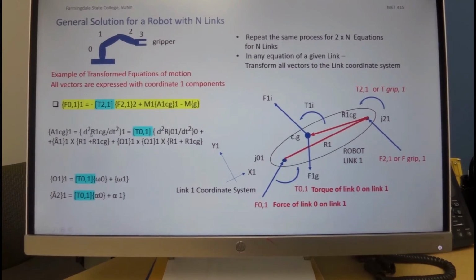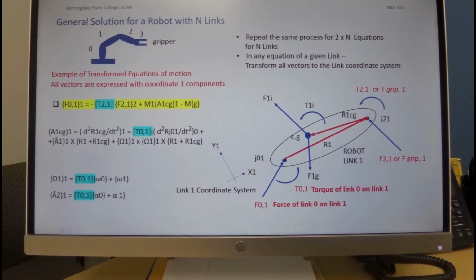So this is the absolute acceleration of the CG in coordinate system 1 equals the absolute acceleration of joint 1, when it was actually presented in coordinate system 1. That's where we calculated it. And then we have to hit it with a transformation matrix from 0 to 1 in order to be a happy camper over here in this equation. Otherwise, these coordinates are not going to add up to the other one. And this is an example of how we do that.